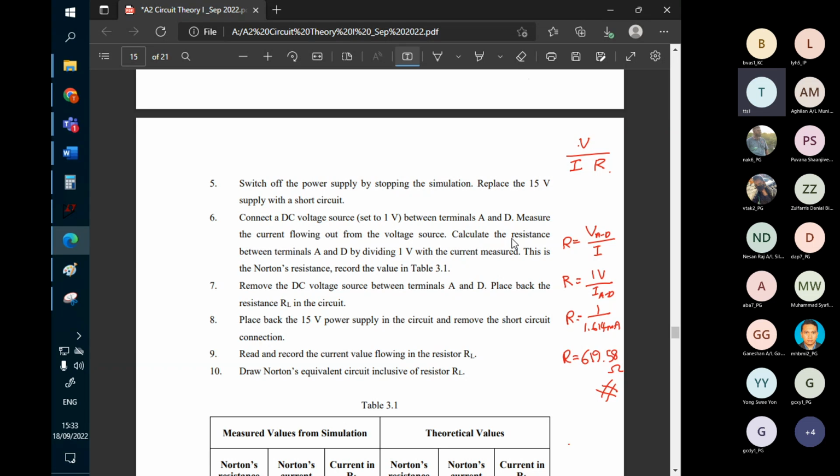Let me see whether the previous student can come up with a calculation or not, so I can share it with you also. Now reaching the page already. Oh no, this student cannot do it. This student skipped the theoretical value. Let me make sure of that.